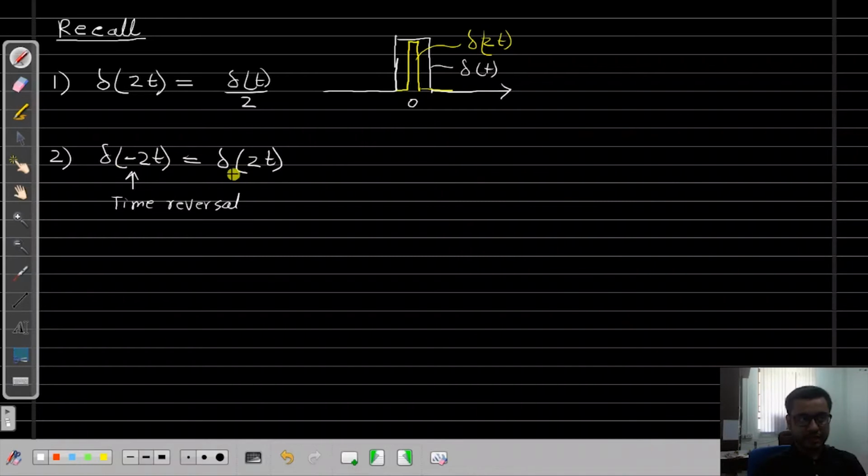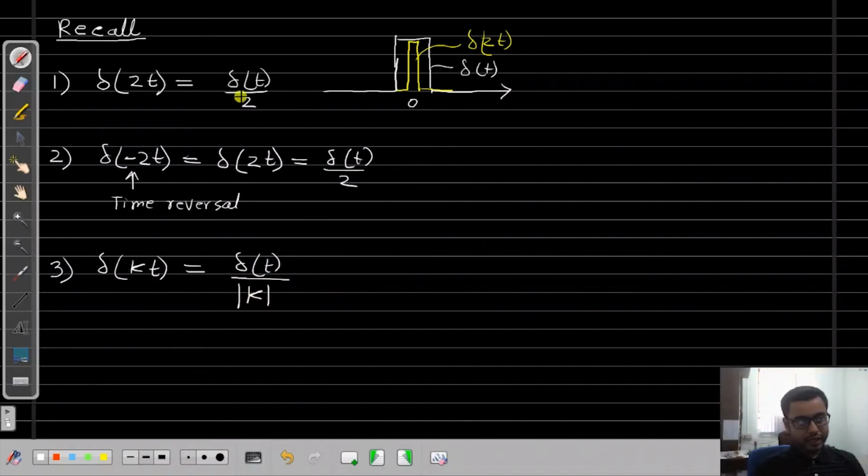So these two signals are the same, and equal to delta(t) by 2. Therefore, in general, I can write delta(kt), where k can be positive or negative, any number, equal to delta(t) divided by the modulus or absolute value of k, which you can verify from these two observations.